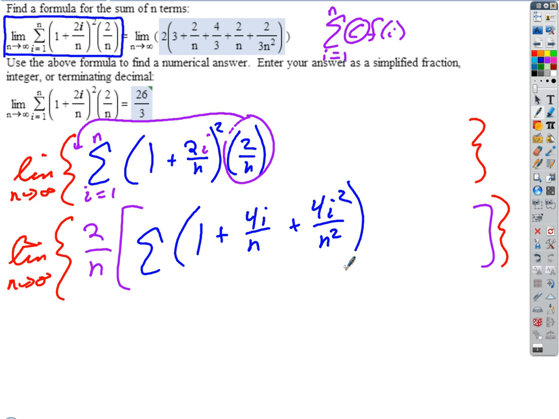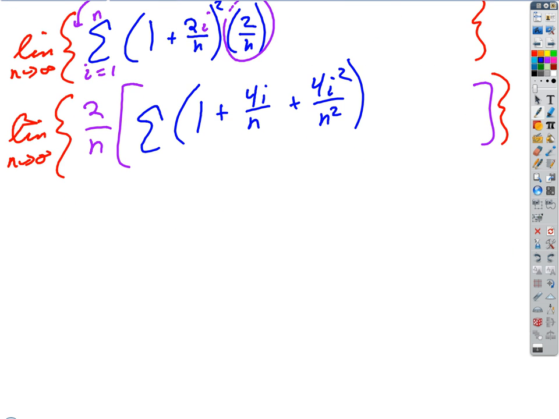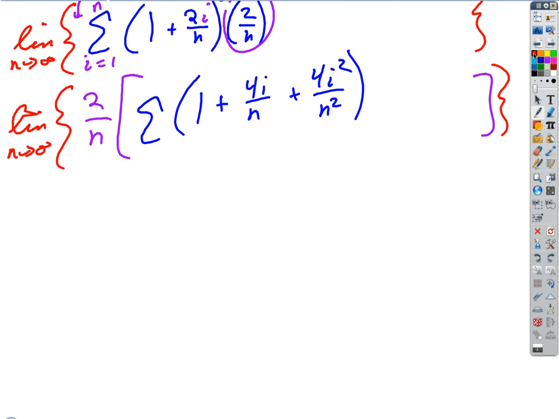Right? Okay, and I'm not going to write the i goes from 1 to n, we just know that's part of the sigma. And so then, what do we get from this one?